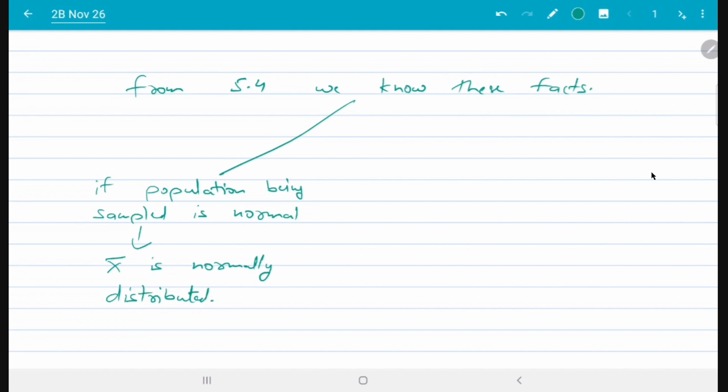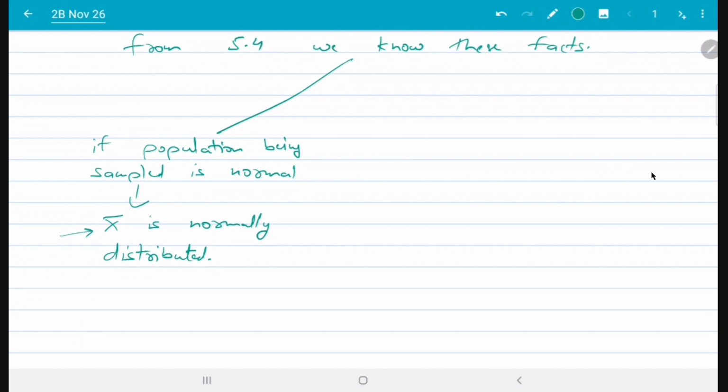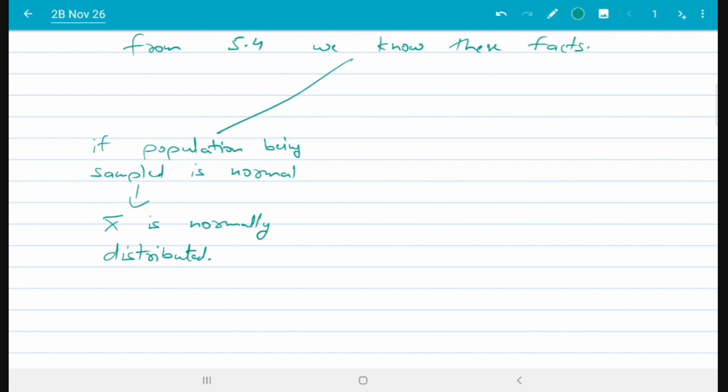And we're speaking of estimating the population mean mu using the estimator sample mean. So if we have precise information about how the sample mean is distributed, we'll have more precise confidence intervals.